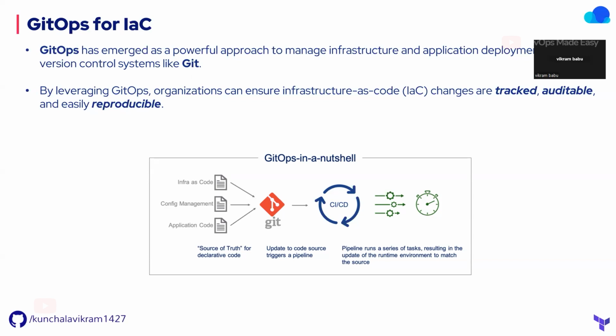Every change that you make inside Git will be reviewed, tracked, auditable, and easily reproducible because you are maintaining everything inside a single Git repository. So others can see your code and review your code. If they find any mistakes or issues with your changes, they can ask you to change them, and then they'll approve those changes. So this is GitOps.